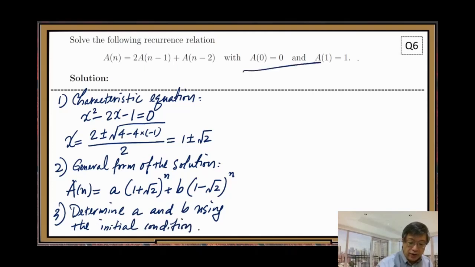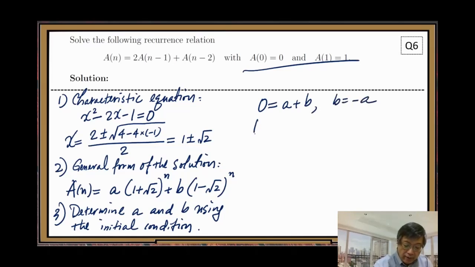So that's these two. Plugging in a of 0, 0 equals a plus b, so b equals negative a.